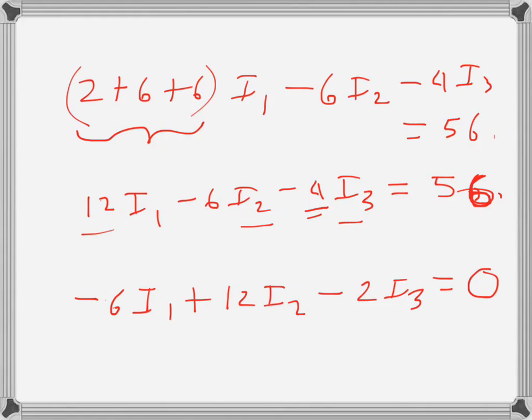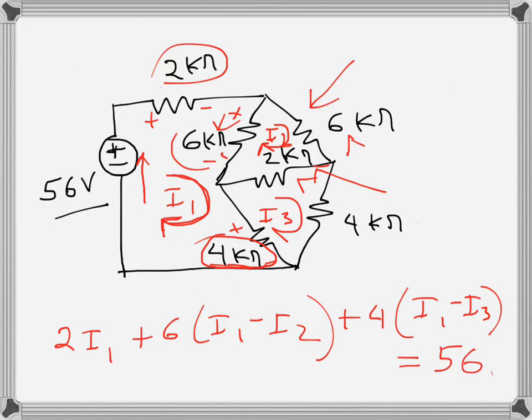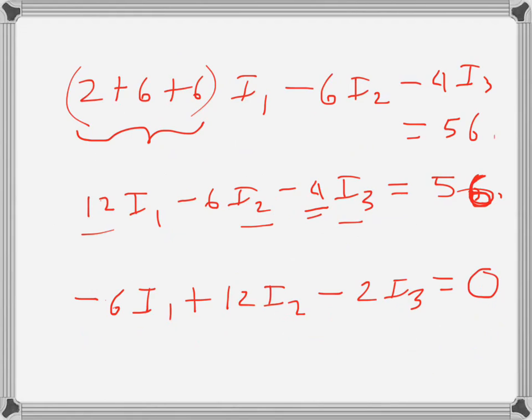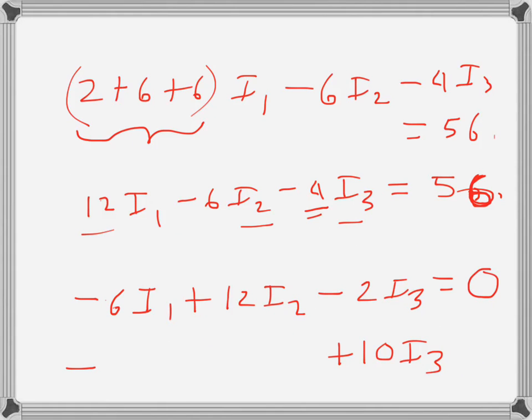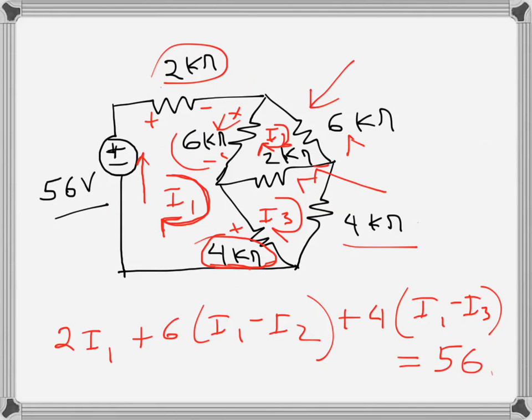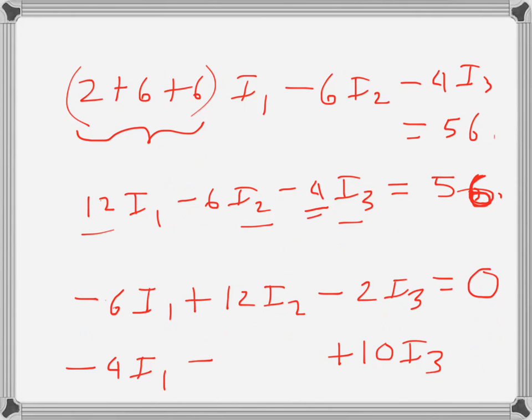And then for mesh 3 the current is I3, so I3 will have the three resistances 4, 2 and 4 added, so that's 10 I3, and then minus I1 with the common resistance between 3 and 1 being 4, so 4 I1, and then between mesh 3 and mesh 2 the common resistance is 2 kilo ohms, so that will be 2 I2.